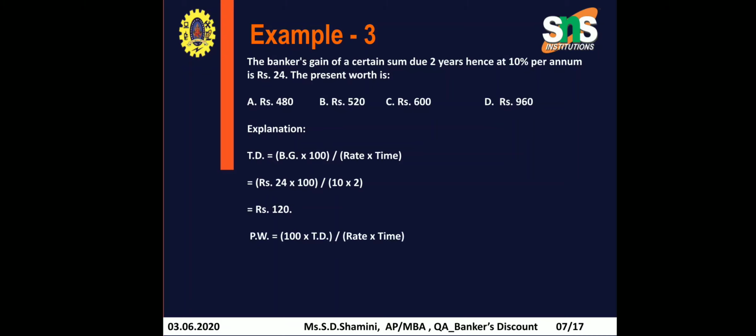The present worth is calculated using the formula 100 into true discount divided by rate into time. So 100 into 120 divided by 10 into 2. If you calculate this, you will get rupees 600 as your present worth. So here the correct answer is option C, rupees 600.